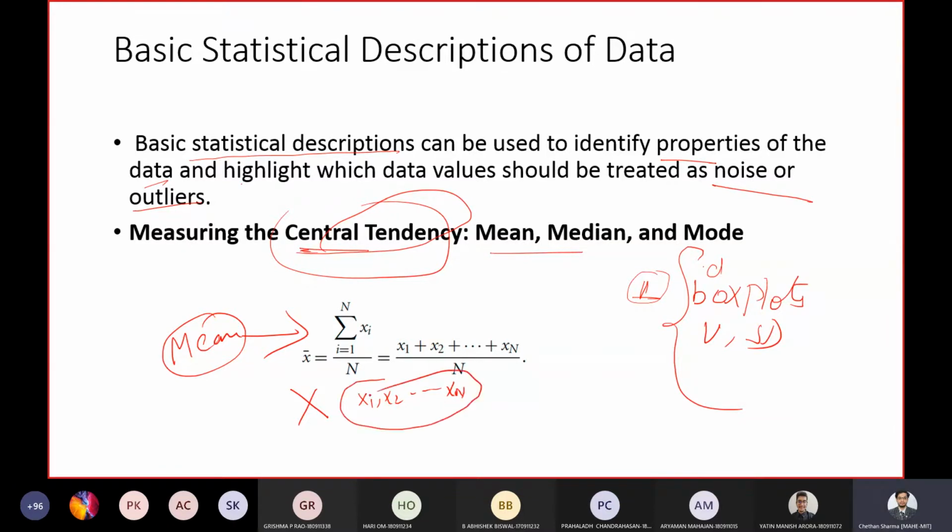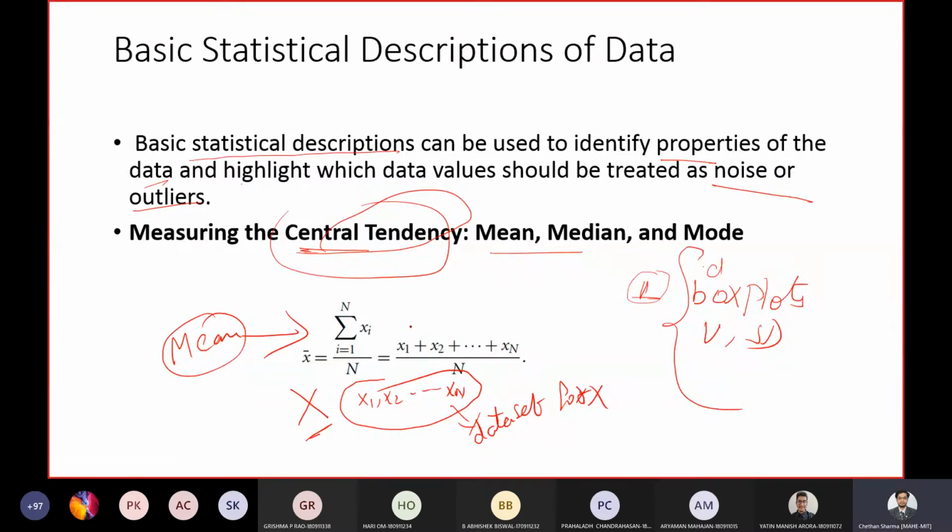These are n values which are observed for this attribute. These values are called your observations for this particular attribute, and this can also be referred to as the data set for x.